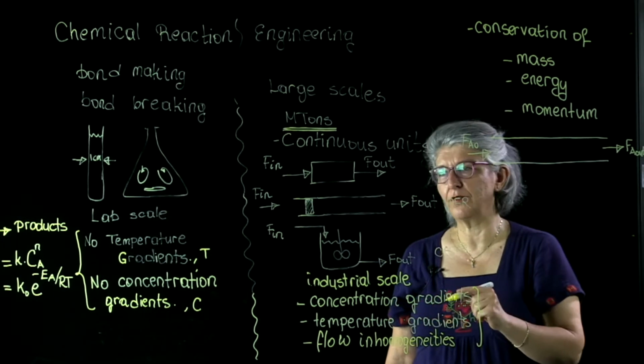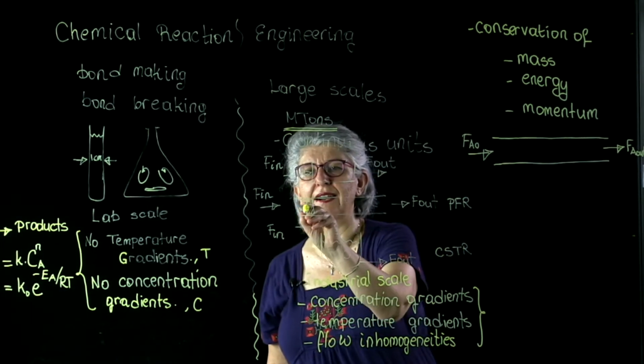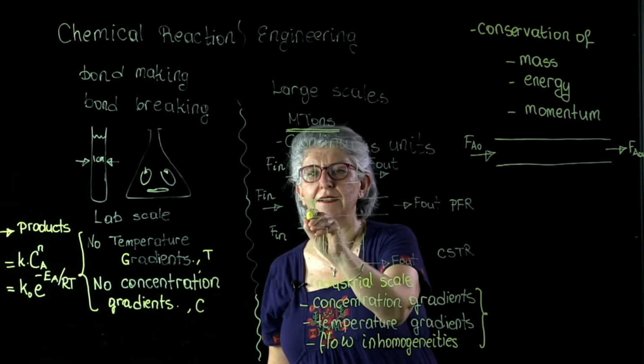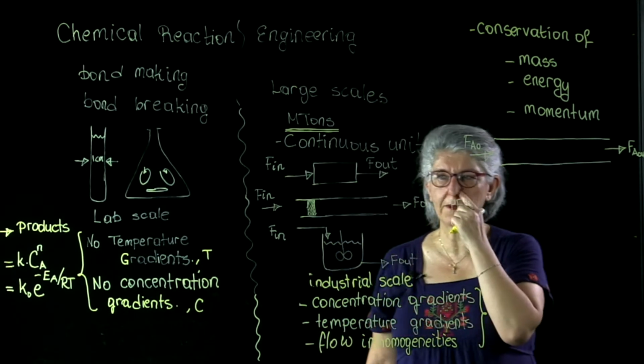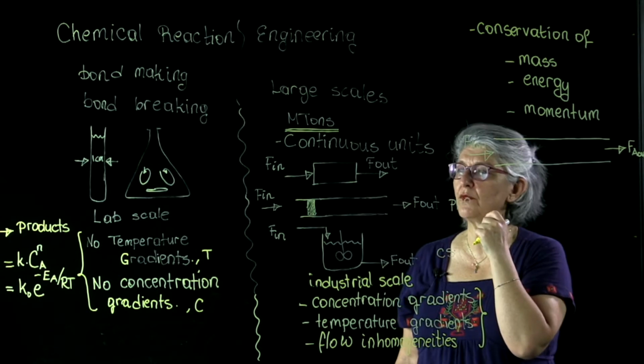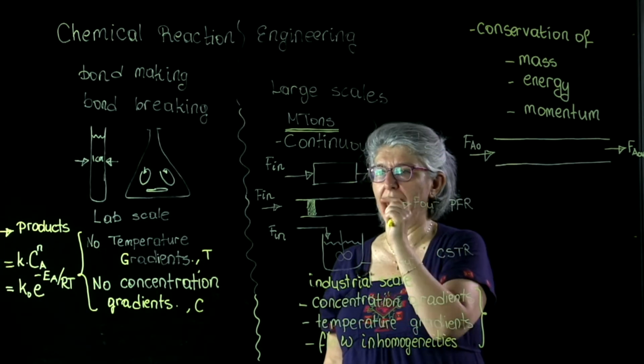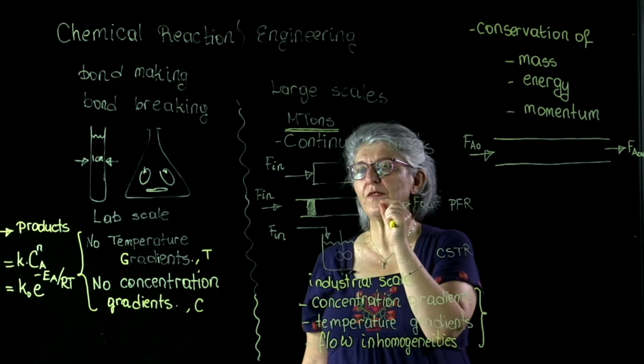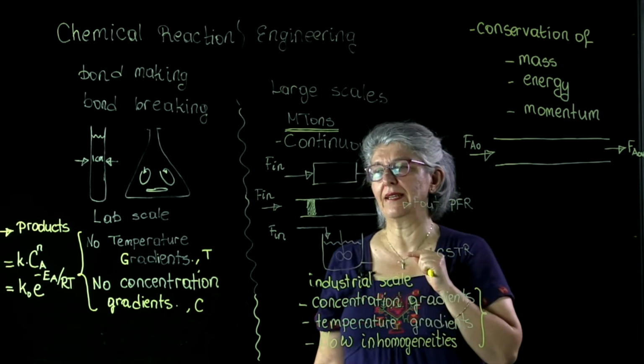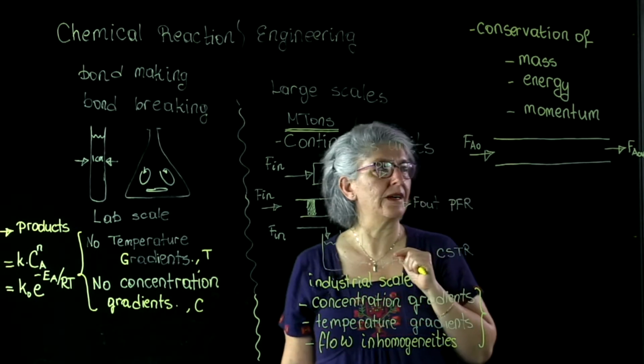In the idealized plug flow reactor, on this side of the board, the fluid element was moving as if it were a plug. In other words, we had no radial mixing in this reactor.